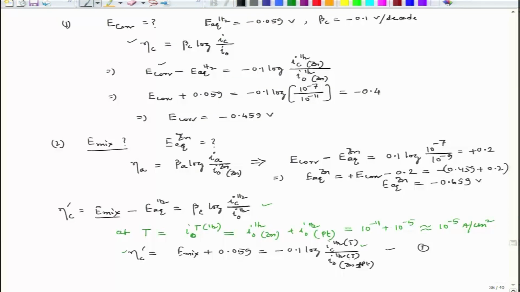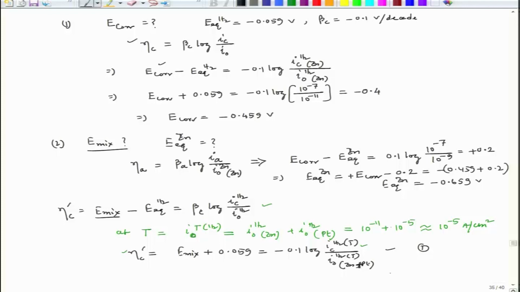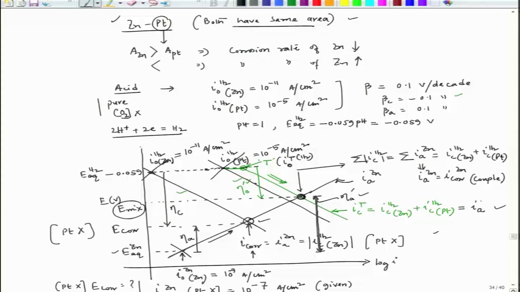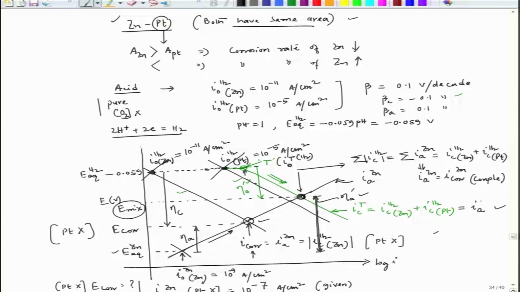The notation we have used is basically the total again over zinc and platinum. So, I used plus, so this is plus. That means this I_0 is the addition of this particular current density and this particular current density, which is giving this current density.